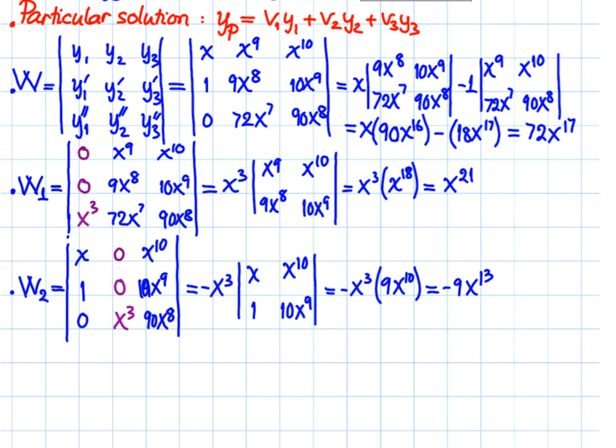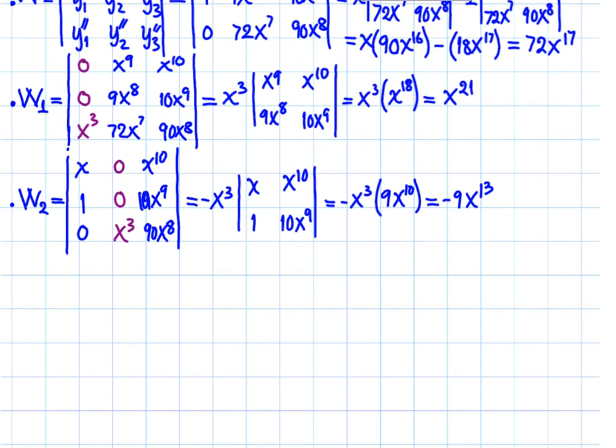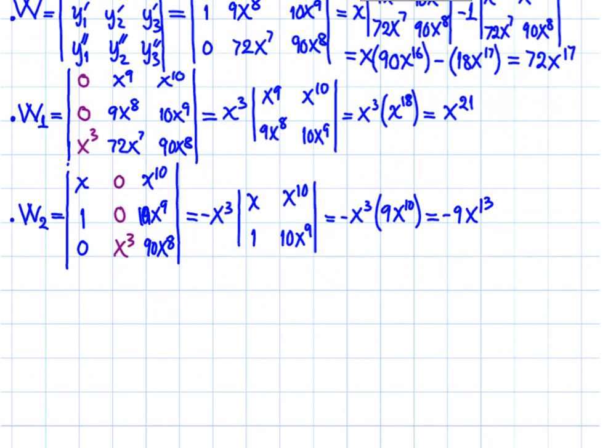And then W3. x1, 0, x to the 9, 9x to the 8, 72x to the 7. And then the last column will be replaced by 0, 0, x cubed.